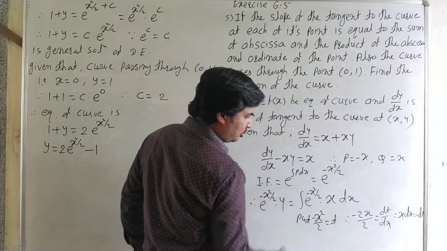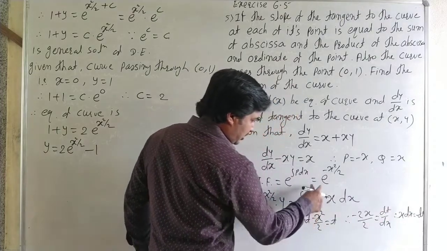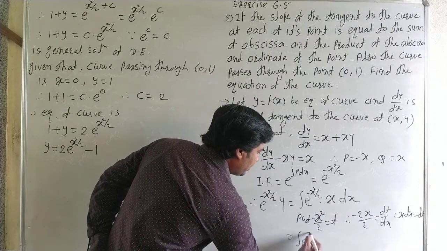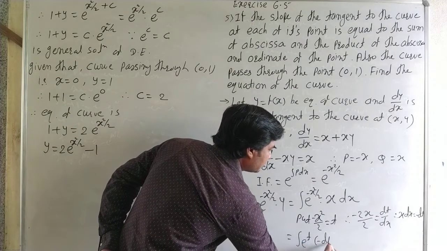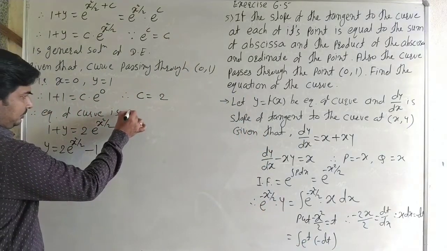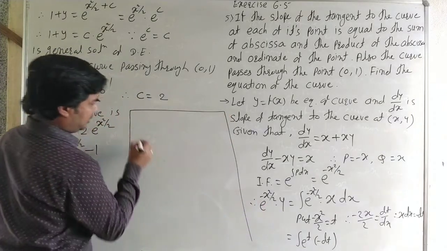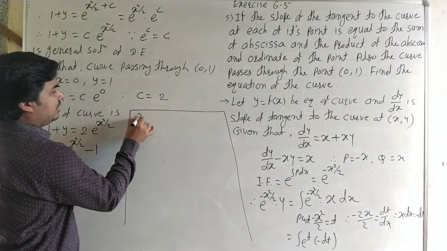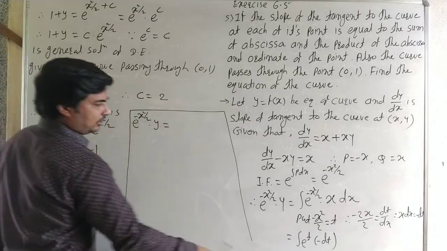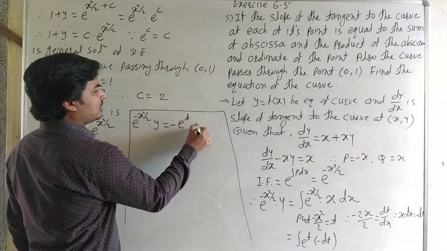Then it is the integral of e to the power t into minus dt. See this carefully, and therefore we can write e to the power minus x square by 2 into y is equal to the integral of this term, minus e to the power t plus c.